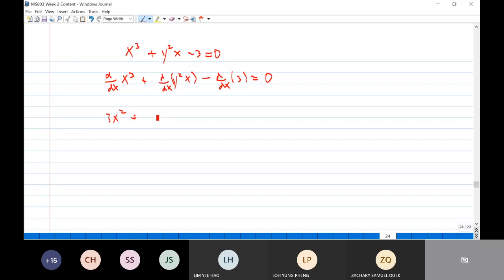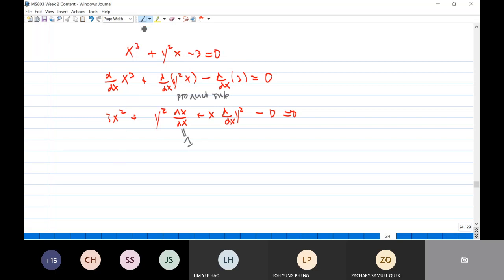Keep the first term, y squared, differentiate the second term, then keep the second term and differentiate the first term with respect to x. And then this one is 0. So you apply the product rule here. I know this is 1.